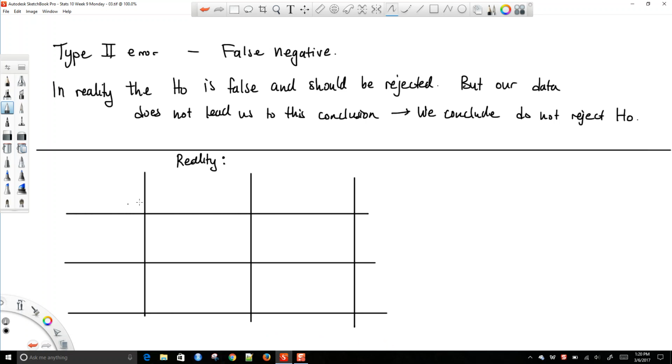In the reality, either the null hypothesis is true or the null hypothesis is false. Okay, this is the reality of our situation. And we have a decision, okay? Our decision, or our conclusion, could be reject the null hypothesis or do not reject the null hypothesis.